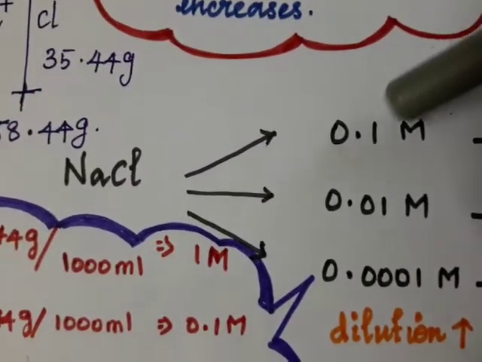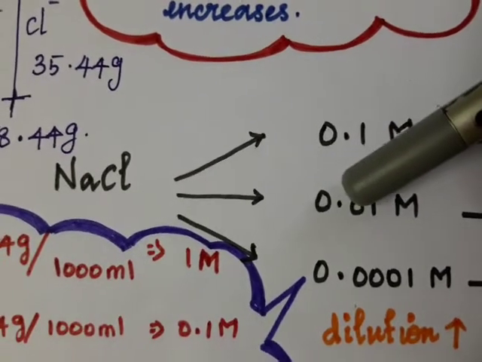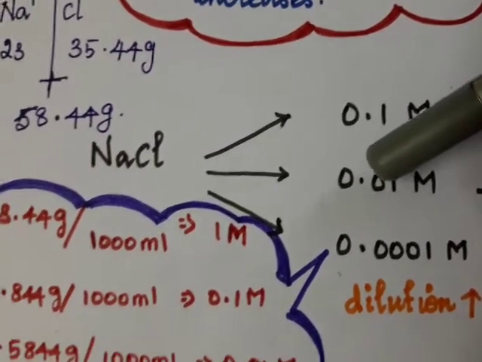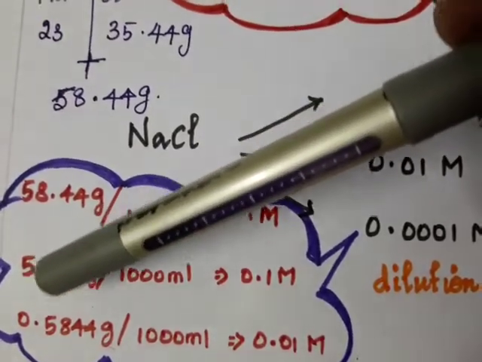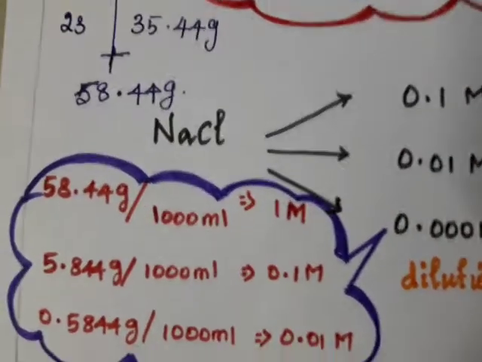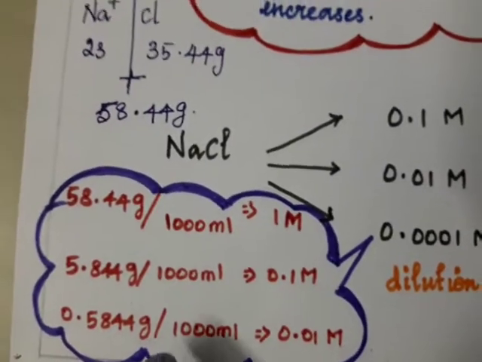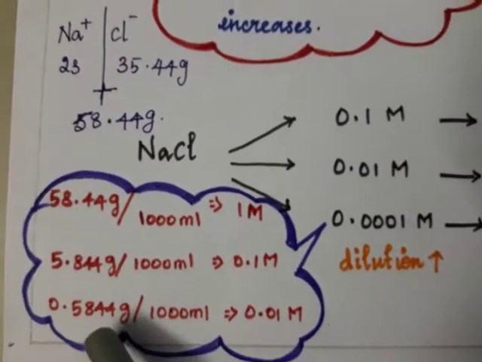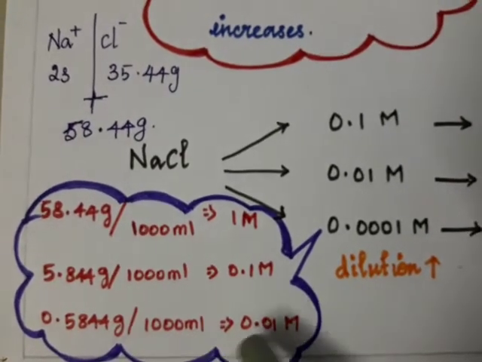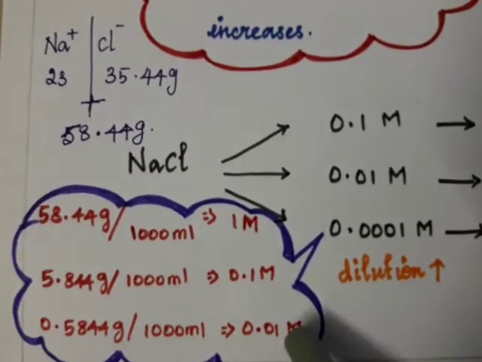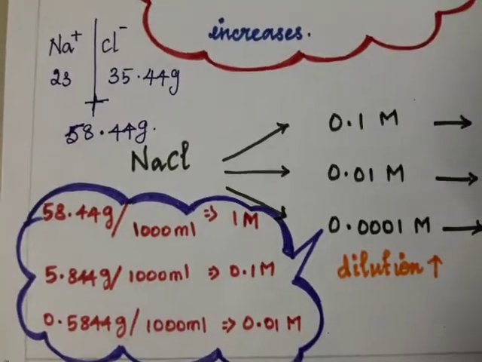So this is the 0.1 M solution. Next I have taken a 0.01 M solution. 0.01 M means I have taken 0.5844 grams per liter. So I will get 0.01 M. Have you understood this concept?